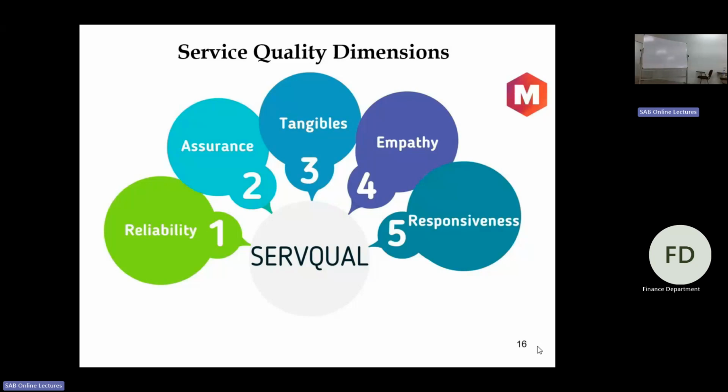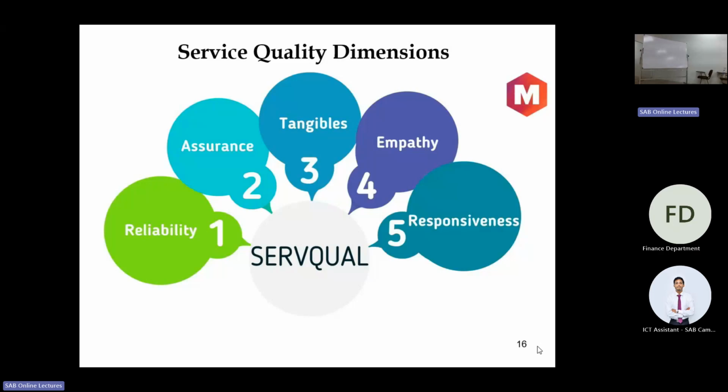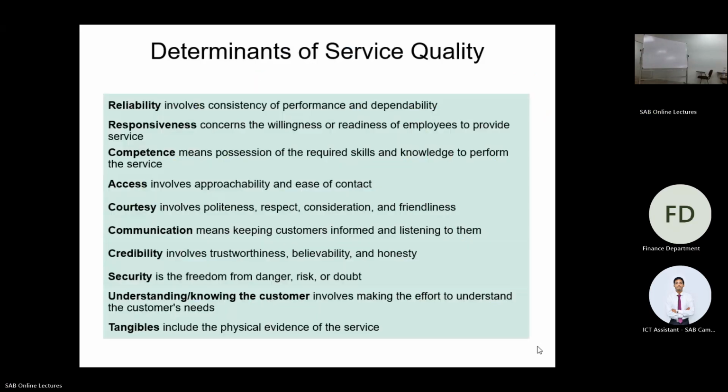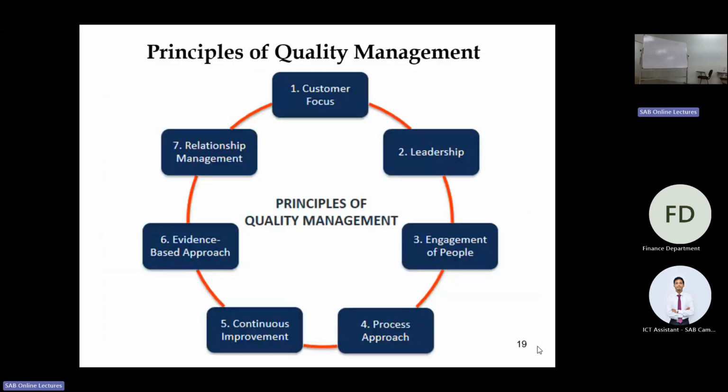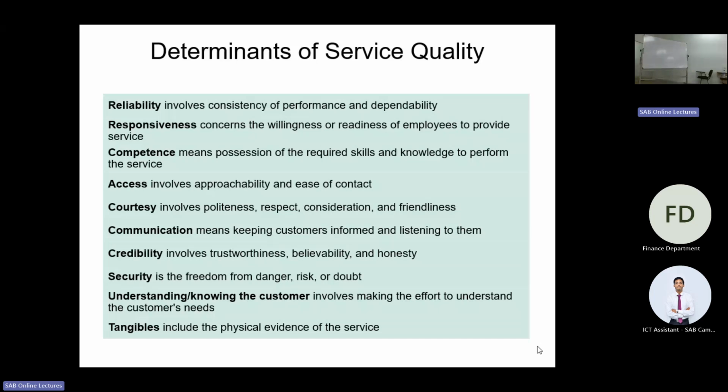Now, this model introduces you to 5 dimensions, right? And this slide, how many dimensions? 10 dimensions, right? So different models propose different dimensions.